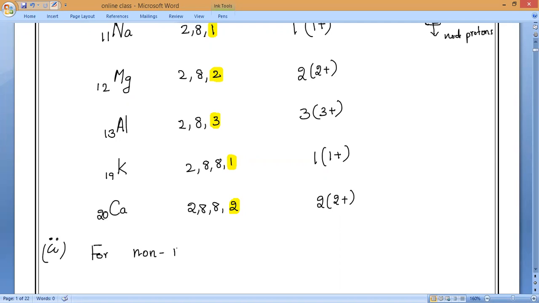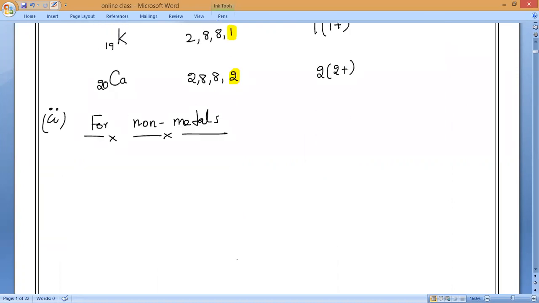For non-metals. So let us go with non-metals so that you will understand. Let us write, everybody. Remember, not all the non-metals, of course; some non-metals like carbon will have 4 also.